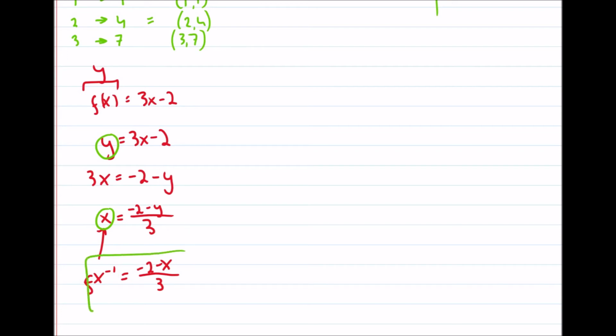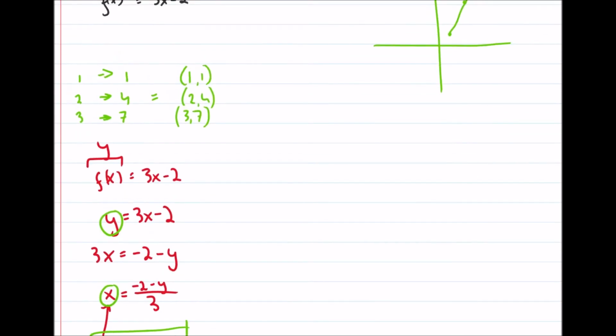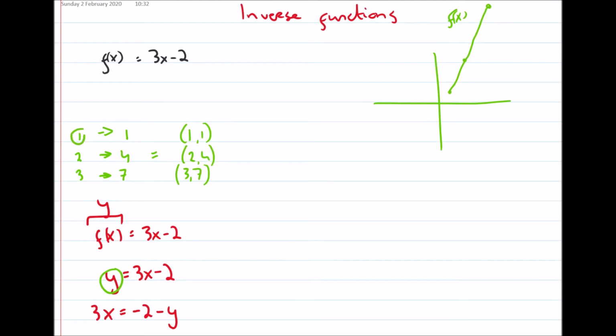Here's my inverse function. Now, the nice thing is here, if we look at our original function, when I put in 1, it spat me out 1. If I put in 2, it spat me out 4. And if I put in 3, it spat me out 7. So the domain was these numbers put in, and the range was these numbers.